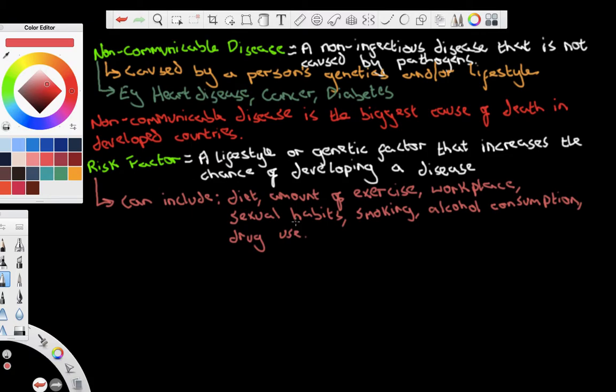These are all risk factors that can increase your chance of developing a particular type of disease. Okay?